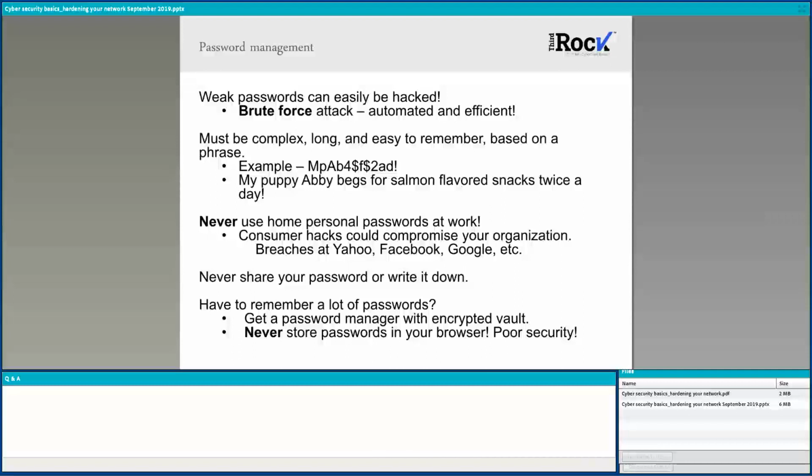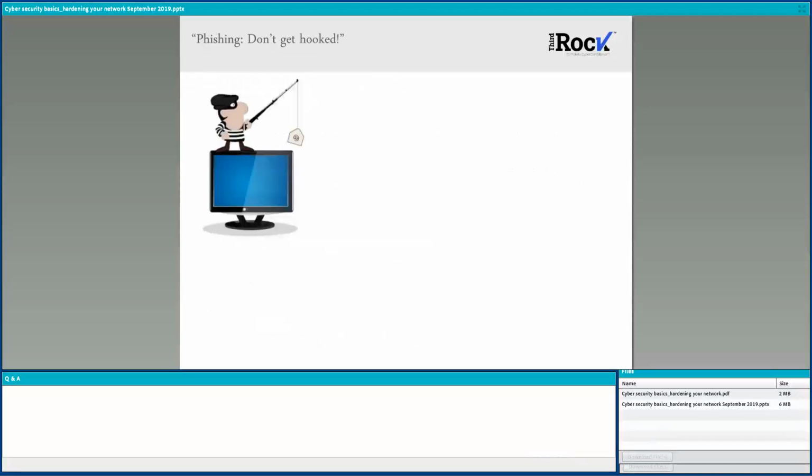Never share your passwords, and if you have a lot of passwords to remember, get yourself a password vault like LastPass or Dashlane. There are a lot of good ones out there. We generally don't recommend that you store those passwords in your browser because of security issues. I know that Google does encrypt their passwords today, but there are a lot of security issues with browsers in general.